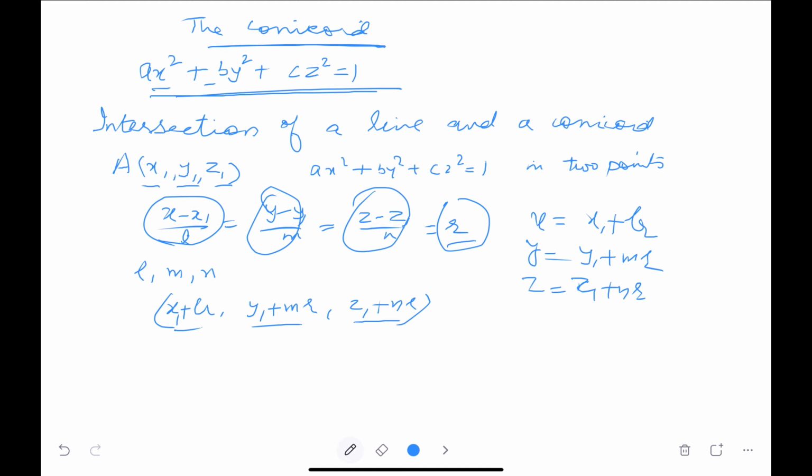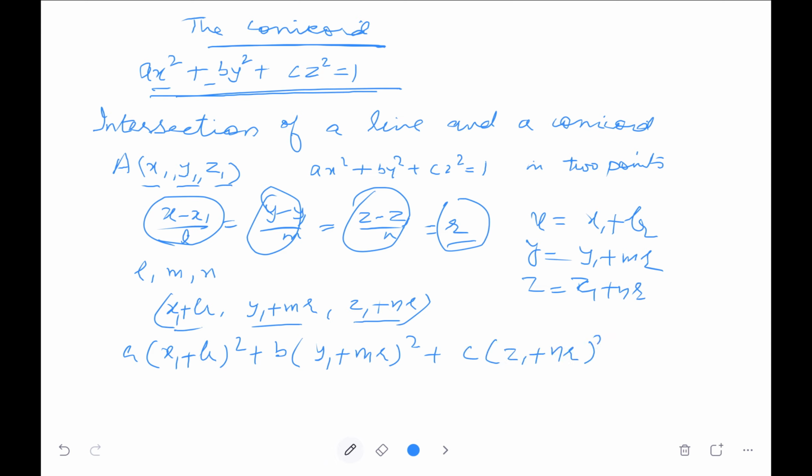So what does that mean? It must satisfy the equation, that is a into (x1 plus lr) whole square plus b into (y1 plus mr) whole square plus c into (z1 plus nr) whole square is equal to 1.